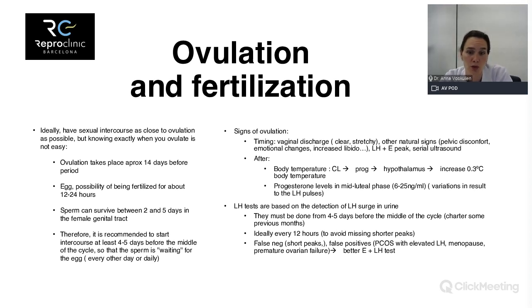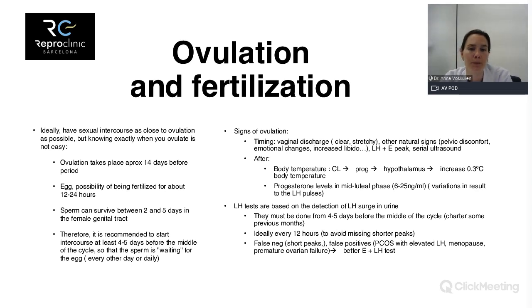So it would be great to chart some previous months to take into consideration these 14 days previous to the menstruation, so that you can count more or less on which days you normally ovulate, okay? And then ideally it would be done every 12 or 24 hours to avoid missing shorter peaks, okay? Every 12 hours probably we will see the peak.